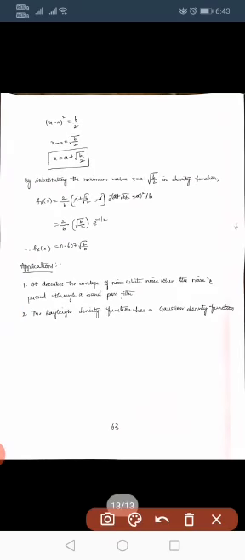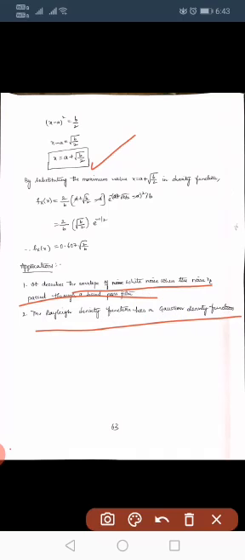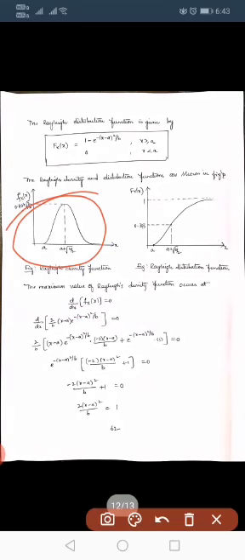This Rayleigh distribution or density function finds application in finding the envelope of white noise when the noise is passed through a band pass filter. And this also has a shape similar to the Gaussian density function. This is a Gaussian density function curve.